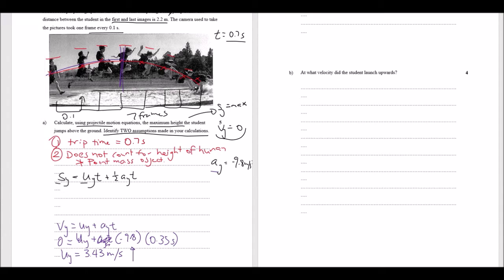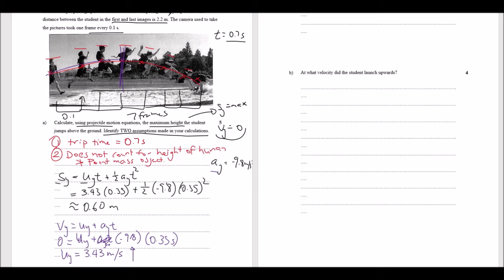Now that we know what the initial velocity is, you can work out the maximum height. So if we plug it back into the formula, 3.43, well, don't forget to square it, 0.35 plus half, 9.8, 0.35 squared, and you should get an answer of roughly 0.60 meters.